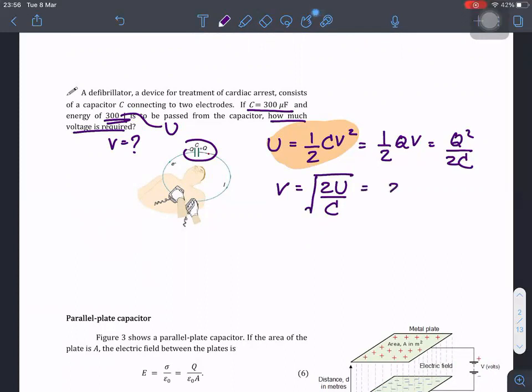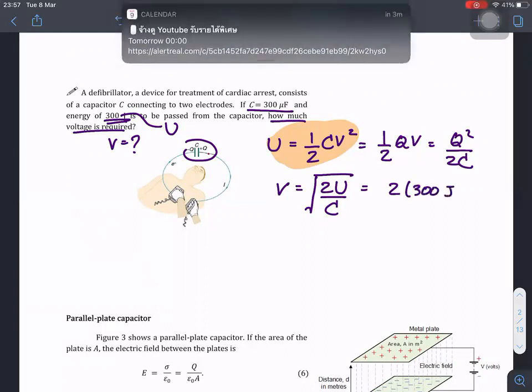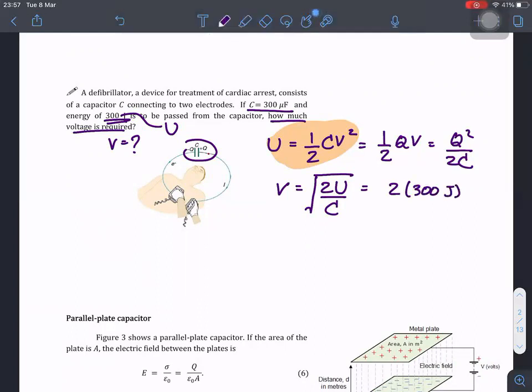That would be the square root of 2 times U of 300 joule, divided by C of 300 microfarad, or 300 times 10 to the minus 6.